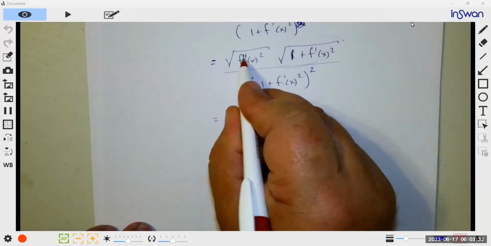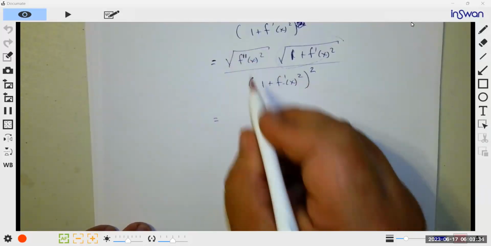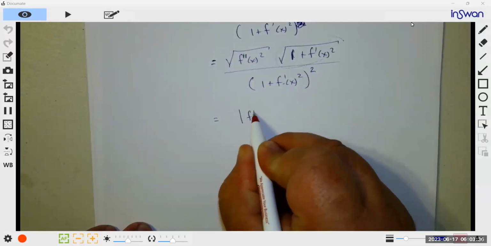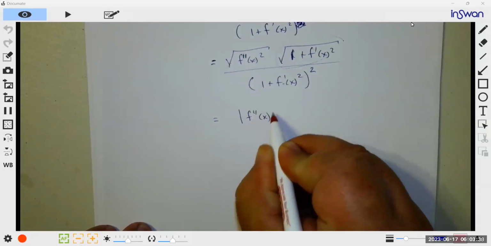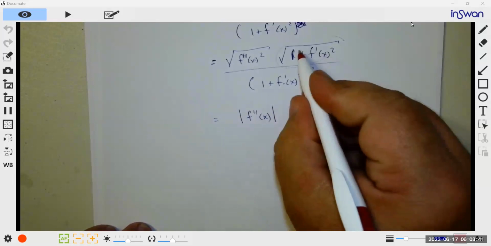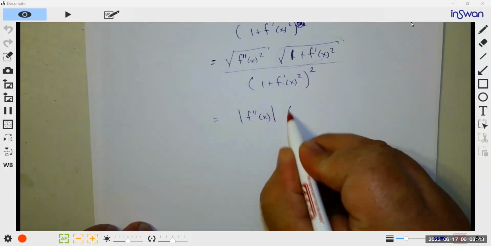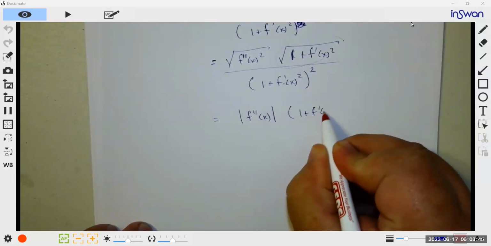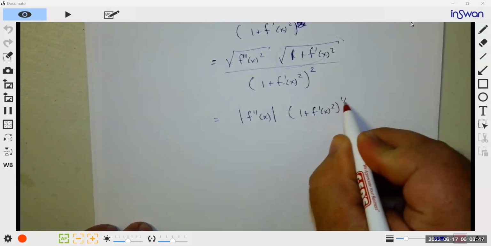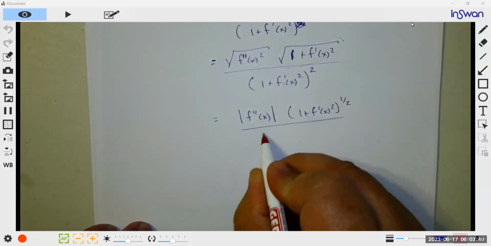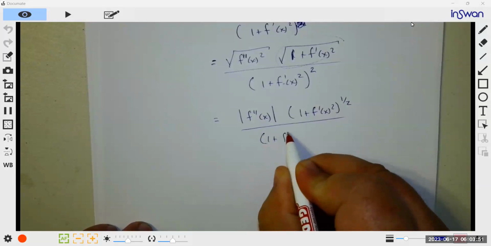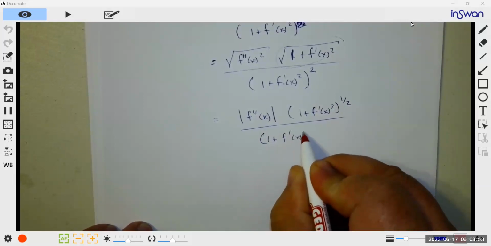So the square root of f prime squared is the absolute value of it. That's 1 plus f prime squared to the power 1/2, over 1 plus f prime of x squared.